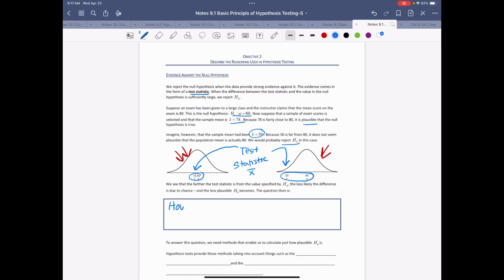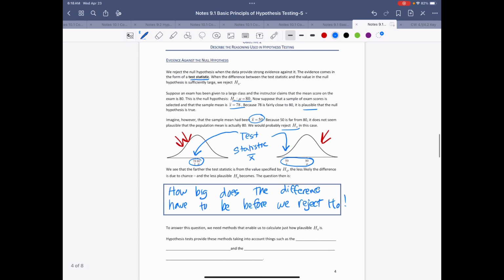How big does the difference have to be before we reject H0?